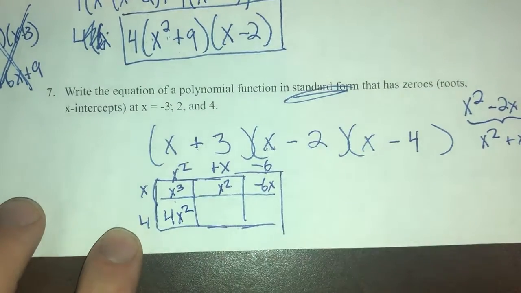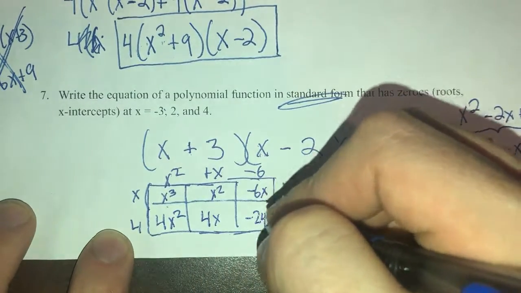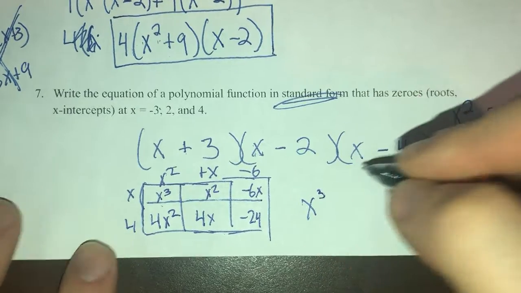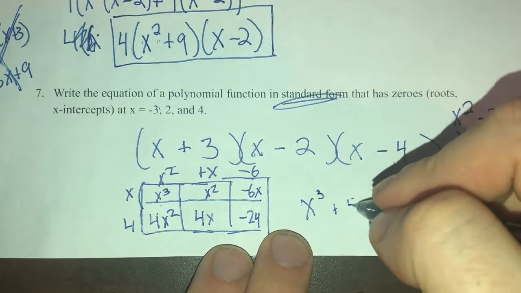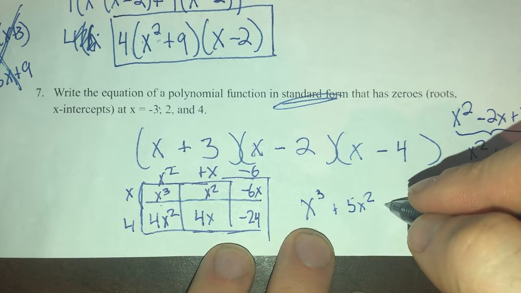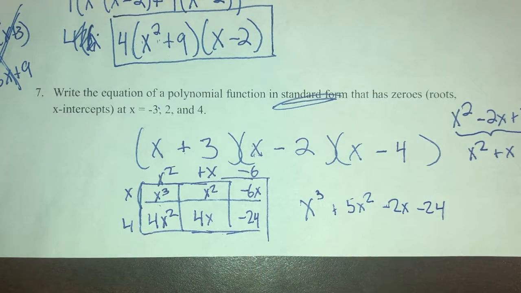So we get 4x squared, 4x, minus 24. And let's combine those like terms. x cubed, 5x squared, 2x, minus 24.